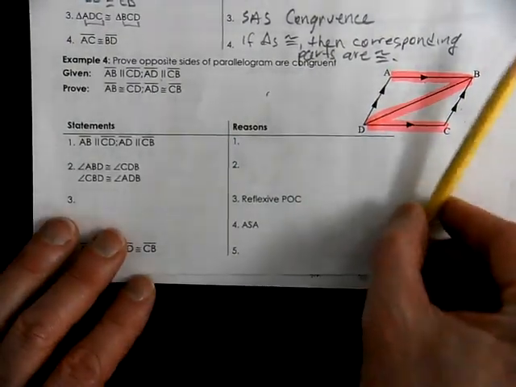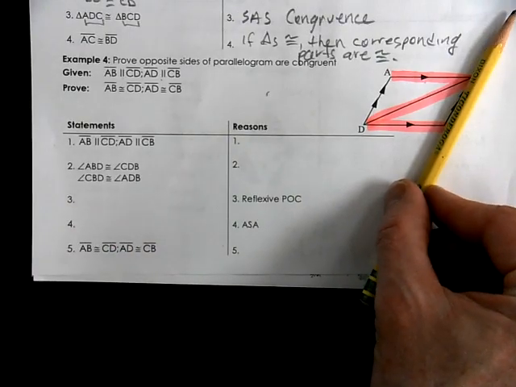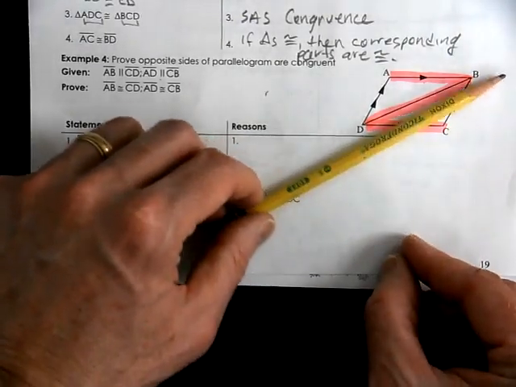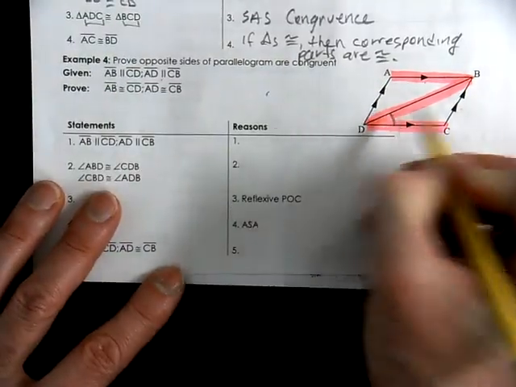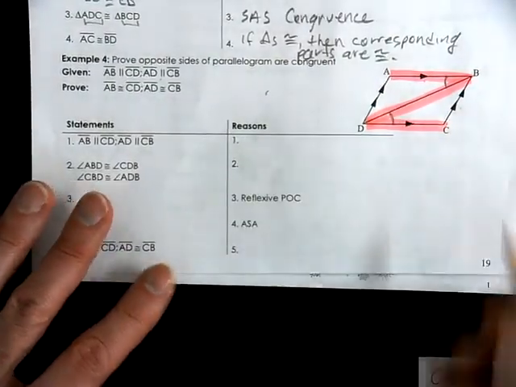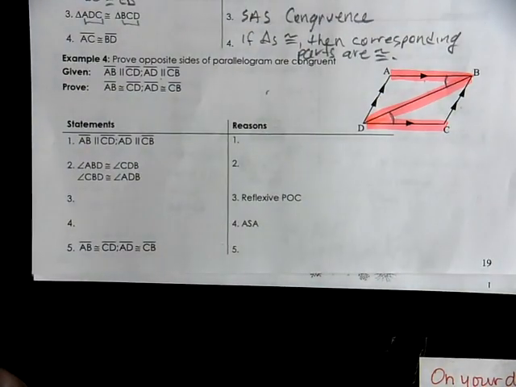You can't come shooting down this side because it's only in one triangle. You need to use a side that is shared between both triangles. And now you can see the zigzag. So that's going to allow us to have a pair of angles congruent. Those angles are congruent.